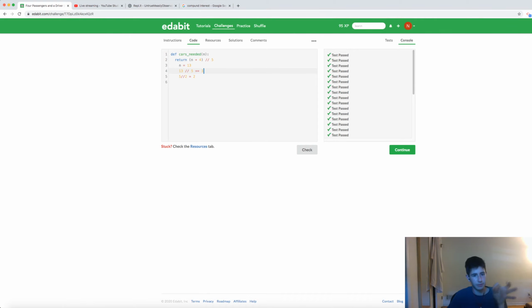And then once we're at 17, it's just below the required number to get to 4 cars, but it's actually 3. That's why we do the n plus 4 and the floor division and then the 5. Okay? I hope you guys all understood that.